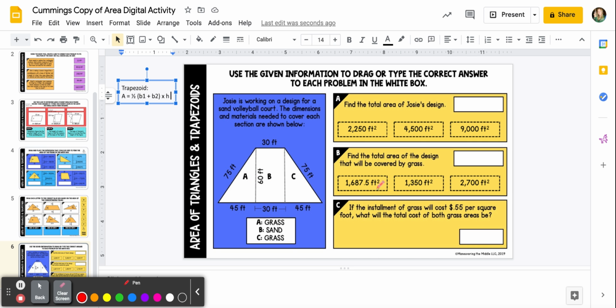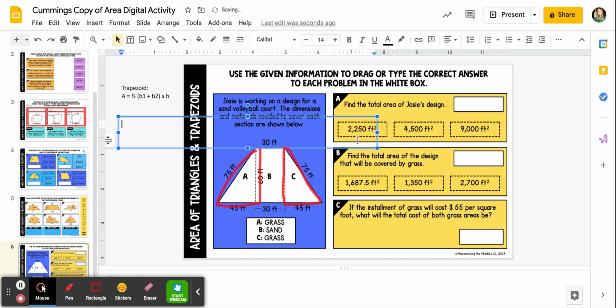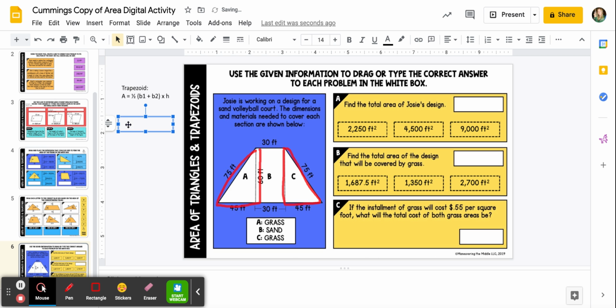The next is find the total area of the design that will be covered by grass. So you're just going to do two triangles. You're going to do this triangle and then this triangle, and then you're going to add them together. And remember, the area for a triangle is A equals half base times height.